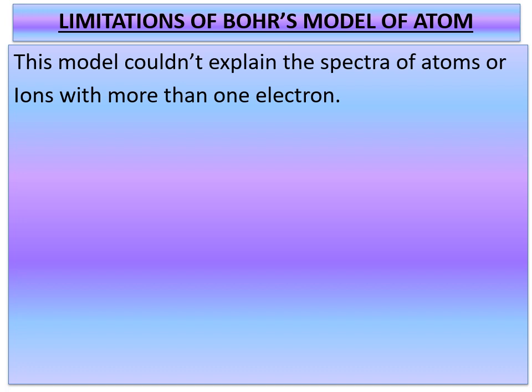When you go to your next class, you'll study that. But he could not explain the spectra of atoms or ions with more than one electron. So this is one of the drawbacks of Bohr's model. Many other scientists also worked on these atomic models, which you are going to learn at a higher level, children.